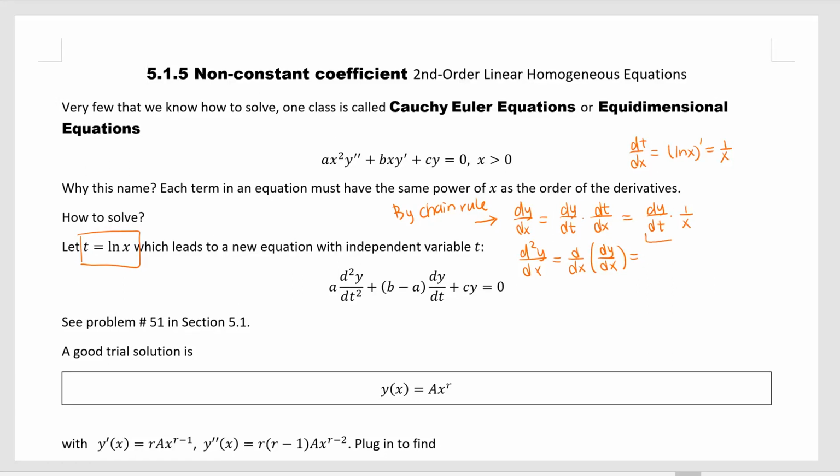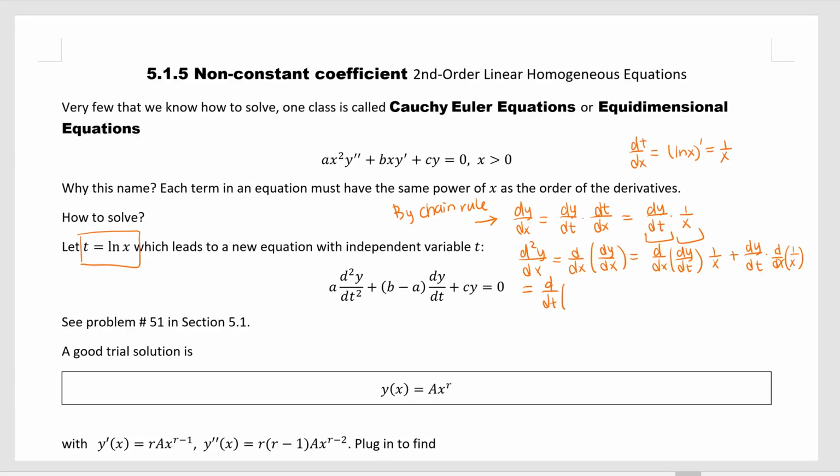But this guy is a product, so we need to use the product rule. It's d/dx of dy/dt times the second guy, plus the first guy times the derivative of the second guy, so d/dx of 1 over x. For d/dx of dy/dt, we can use the chain rule again.